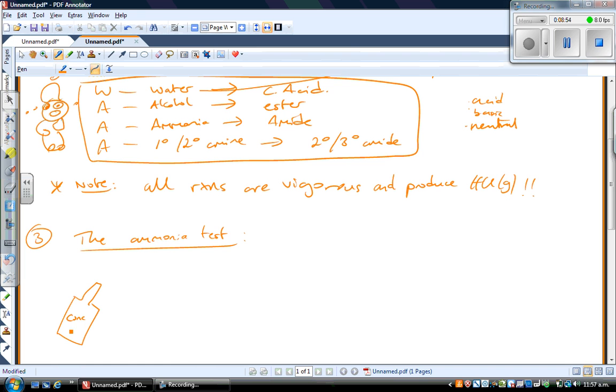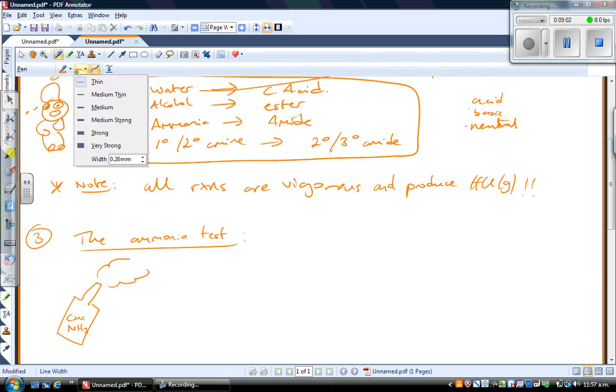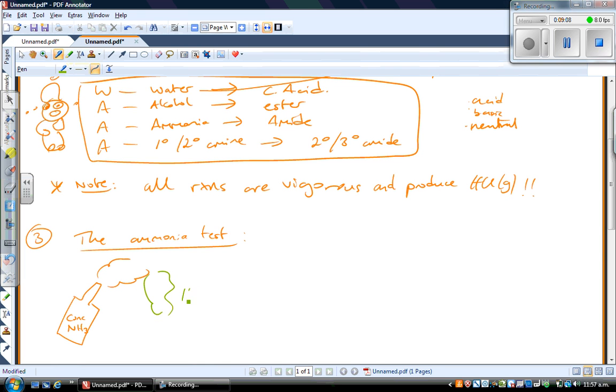So this is concentrated NH3. It will vaporize quite easily, and the vapor from concentrated ammonia, if that mixes with the HCl vapor coming off any acyl chloride reaction, then those 2 vapors will interact according to this equation.